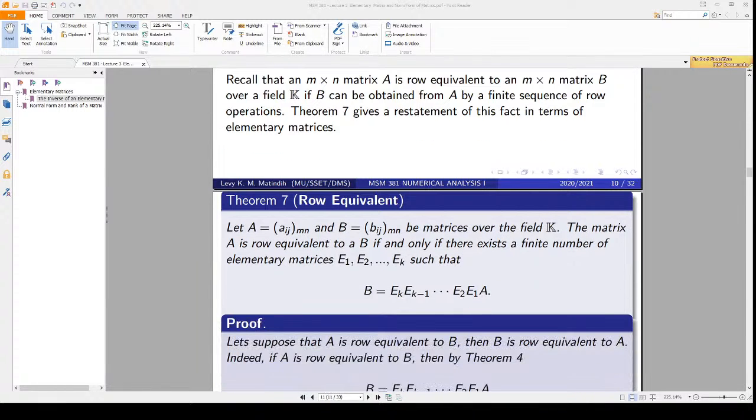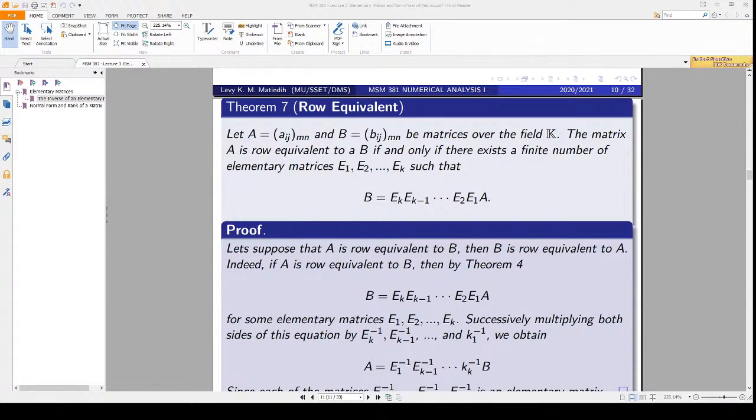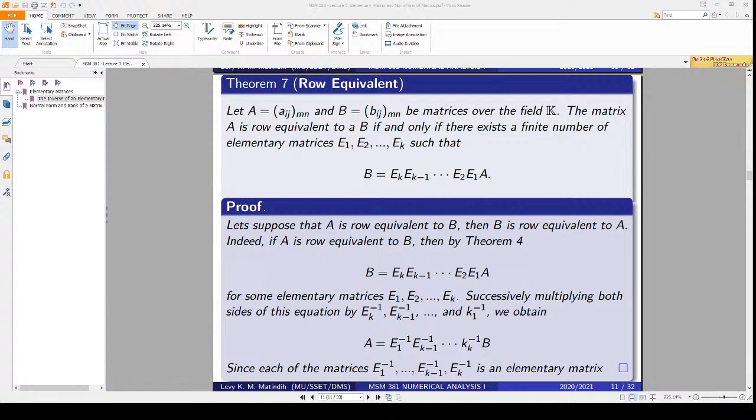Okay, let's look at this theorem number 7, which talks about row equivalent matrices. If I can recall from the previous lecture number 2, we stated that two matrices A and B are row equivalent if one can be obtained from the other by applying a finite sequence of elementary row operations.